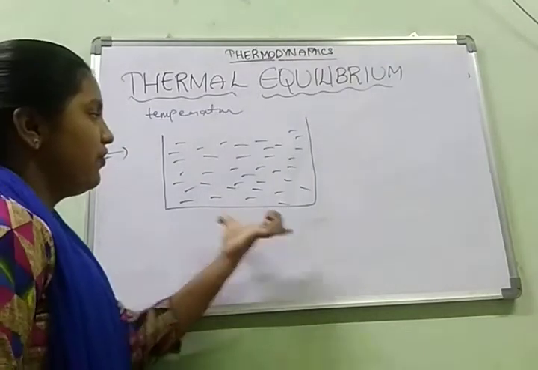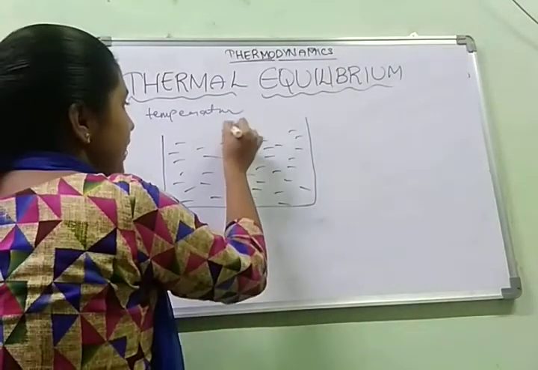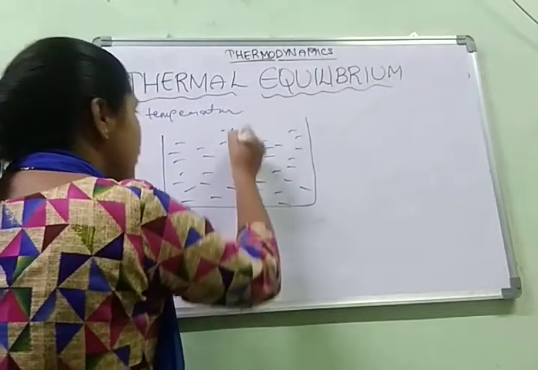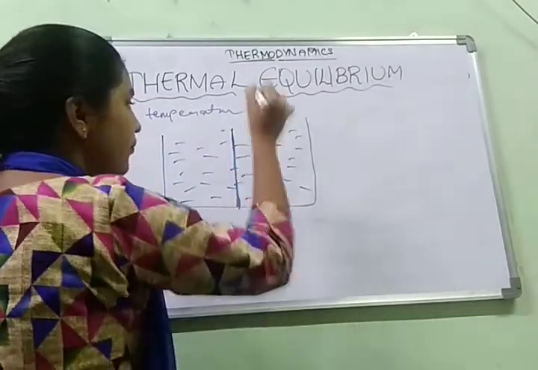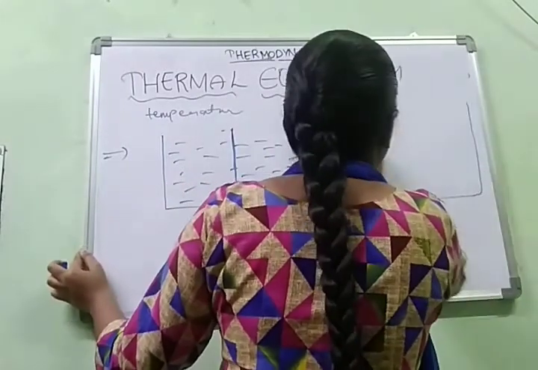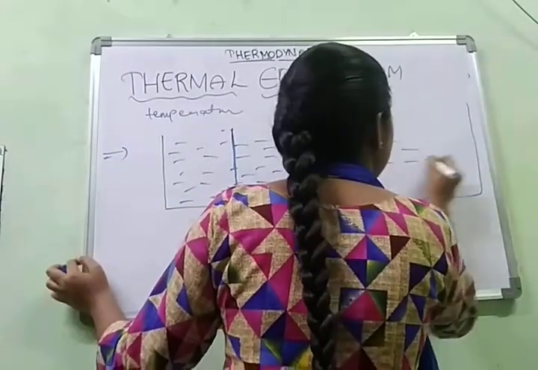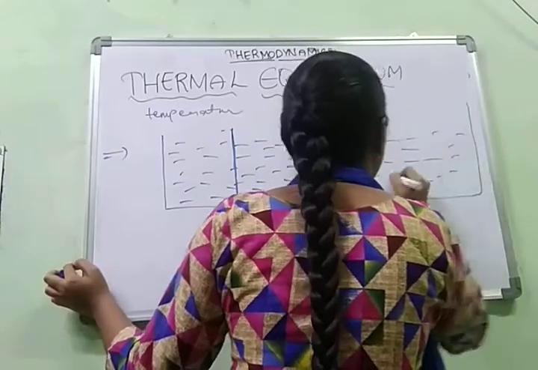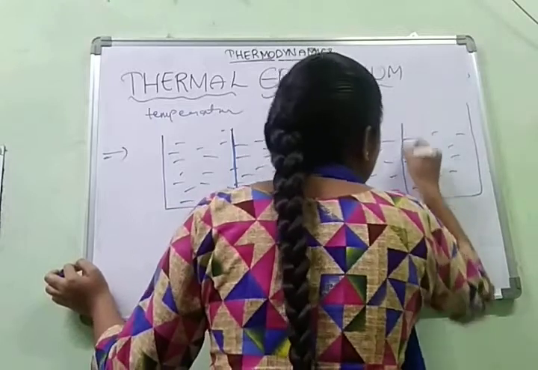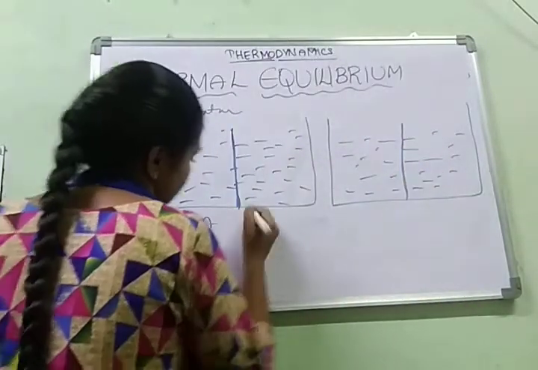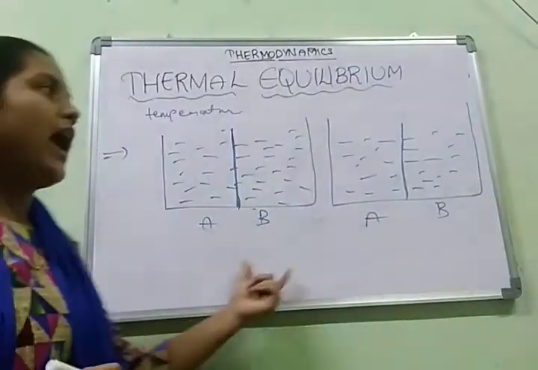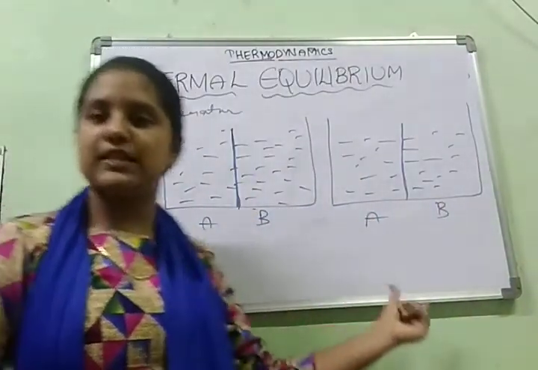Then this is separated by a wall into A and B. Here I have drawn case 1 as well as case 2.